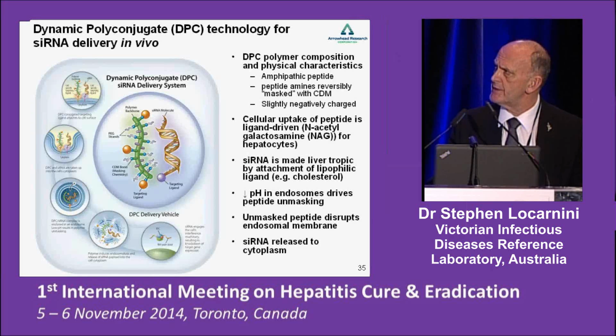And Arrowhead have this dynamic polyconjugate technology, which consists of an amphipathic peptide. They're able to target that particular liposomal structure to make it as liver-specific as they can through N-acetylgalactosamine, and package the siRNA in this structure to deliver it effectively to the liver.